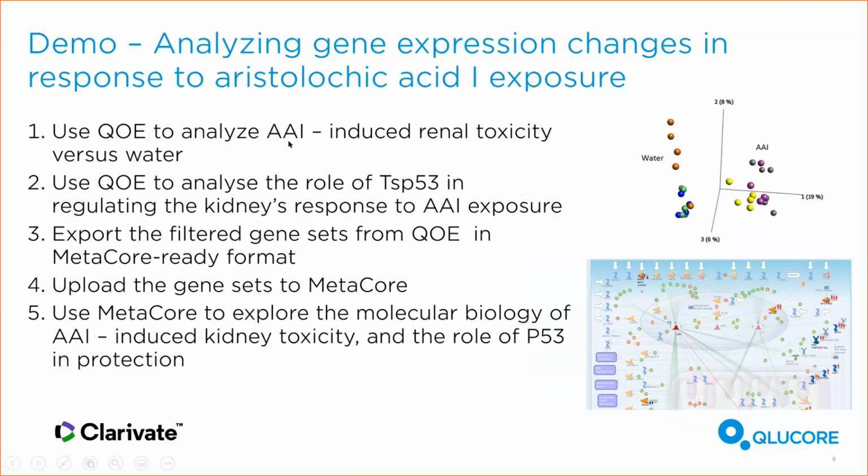So first we will compare kidney tissue that has been exposed to AA1 versus kidney tissue that has just been exposed to water, and see if we can find any differences there. And then we will analyze the role of P53 by focusing on the toxin exposed genotypes to see if we can find anything there.